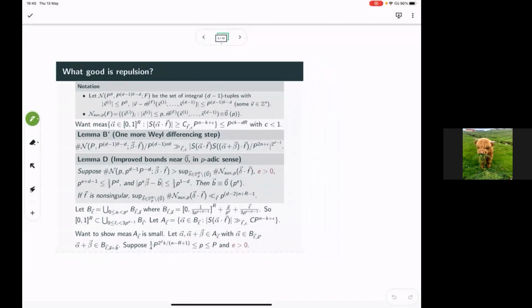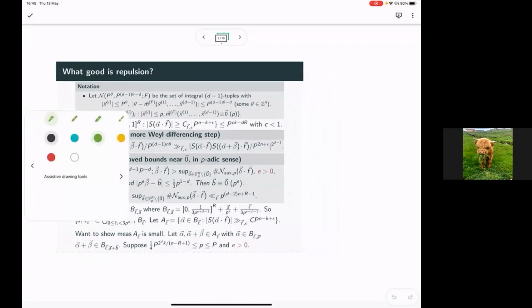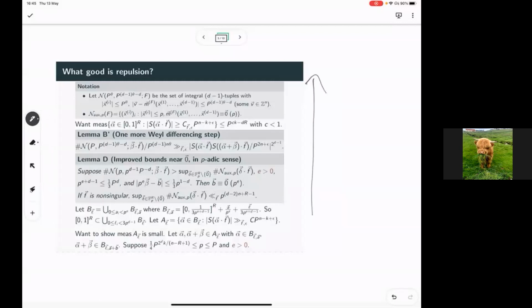So the translates are going to be called B subscript L. So let me draw this as a picture here. So our basic neighborhood of the origin is going to be B subscript naught.